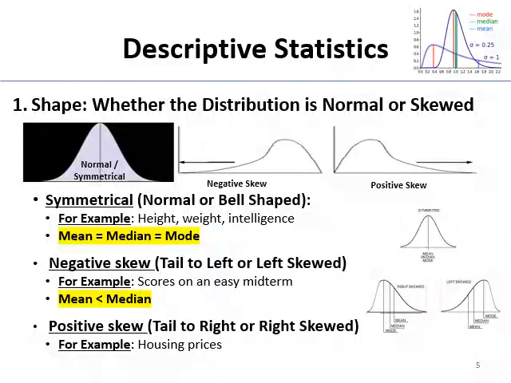So that would be positive skew. That would be the graph on the right up top. Again, the mean gets pulled towards the tail. So the mean is going to be higher than the median in a positively skewed distribution. And this is why, for example, they don't do mean housing prices, they do median housing prices, because the median doesn't get yanked quite as high towards the tail.